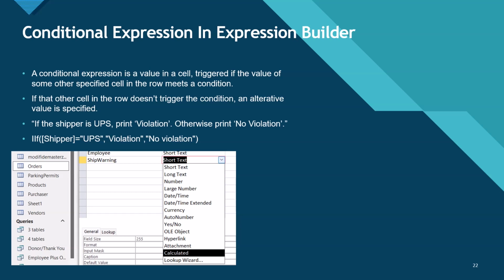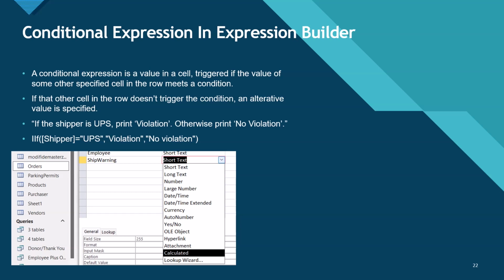Imagine they don't have the proper customs documentation, say, or it's a violation of company policy because we don't want to pay for UPS. If someone enters UPS in the shipper field, this new column says violation. And if someone enters a different shipper in there that's not UPS, it will say no violation.